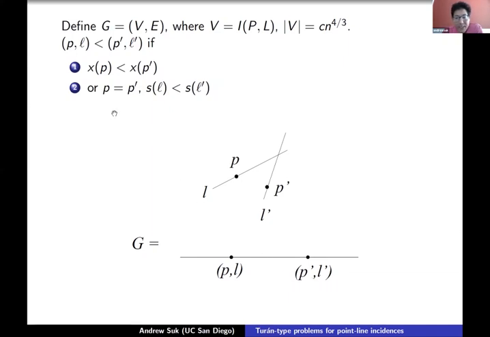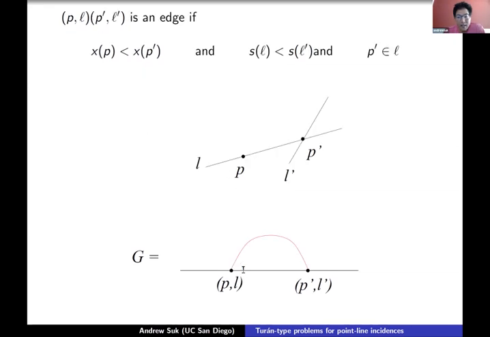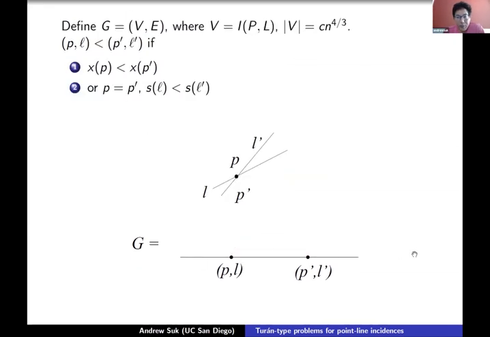And if they have the same x coordinate, that means they're the same point, because remember I did that rotation, so no 2 points have the same x coordinate. And in that case, I would order them by the slopes of the line attached to that incidence. Okay, so I have n to the 4/3 vertices ordered from left to right.